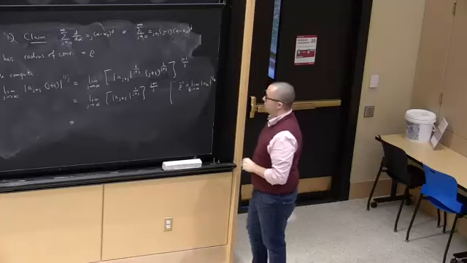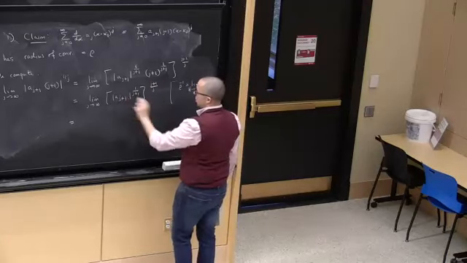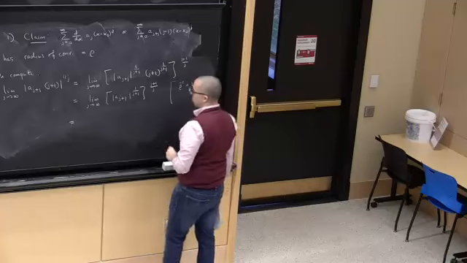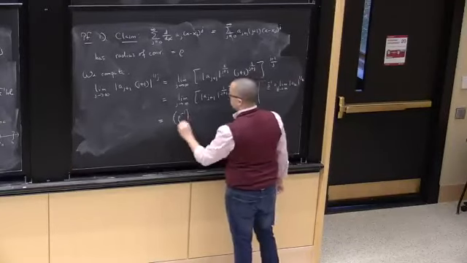So the exponent is converging to 1, and this is converging to rho inverse again, so I get rho inverse to the 1.